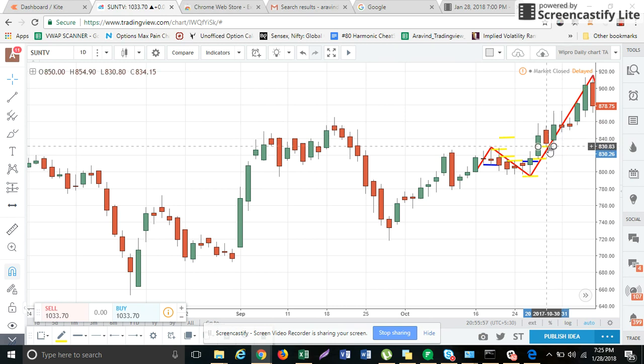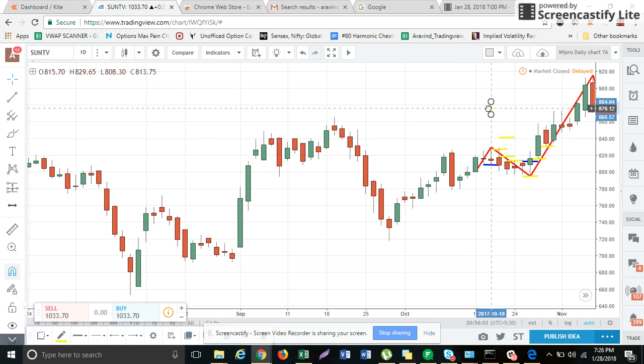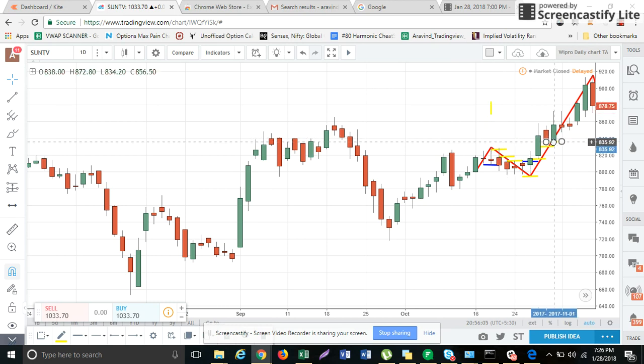So we can update our trailing stop loss to the green candle's low, which is 834.20.